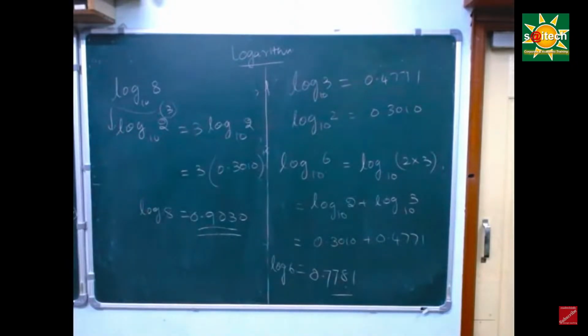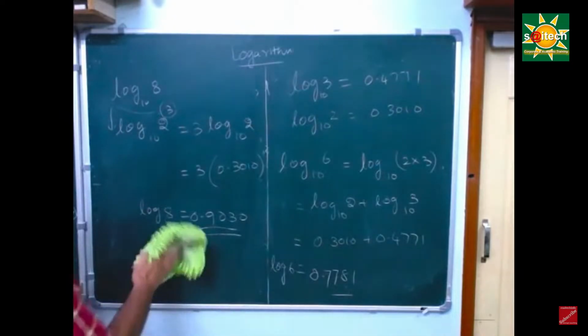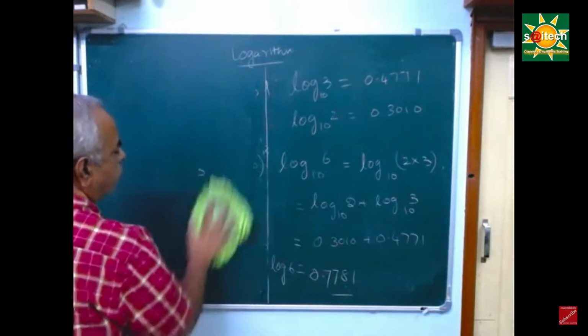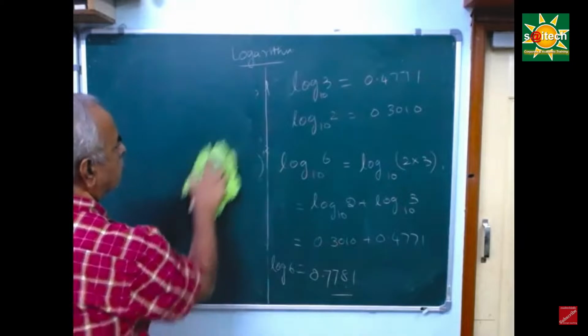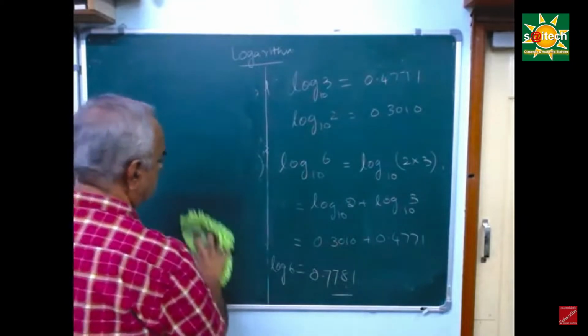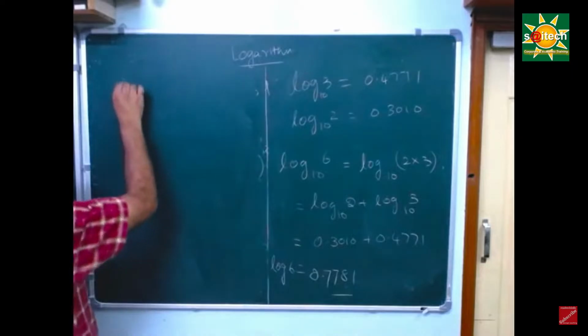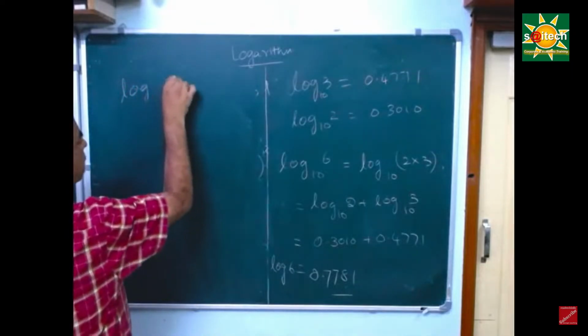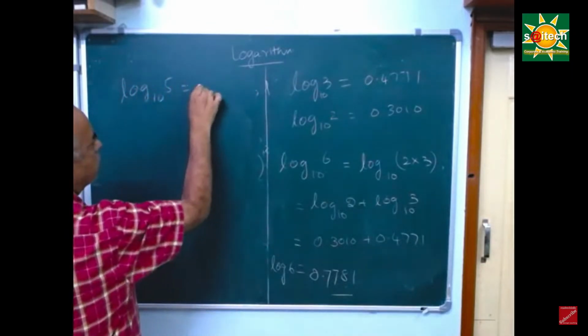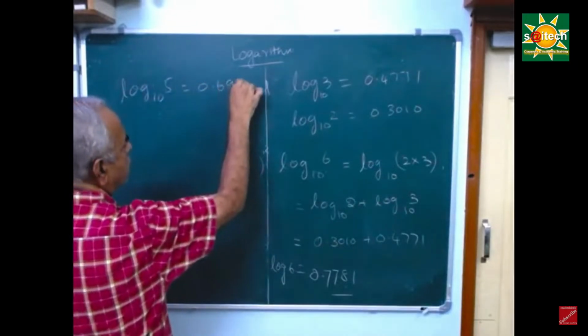Got it? Right. Now let me take up 5. The logarithmic value of 5 to the base 10 is equal to 0.6990 roughly.